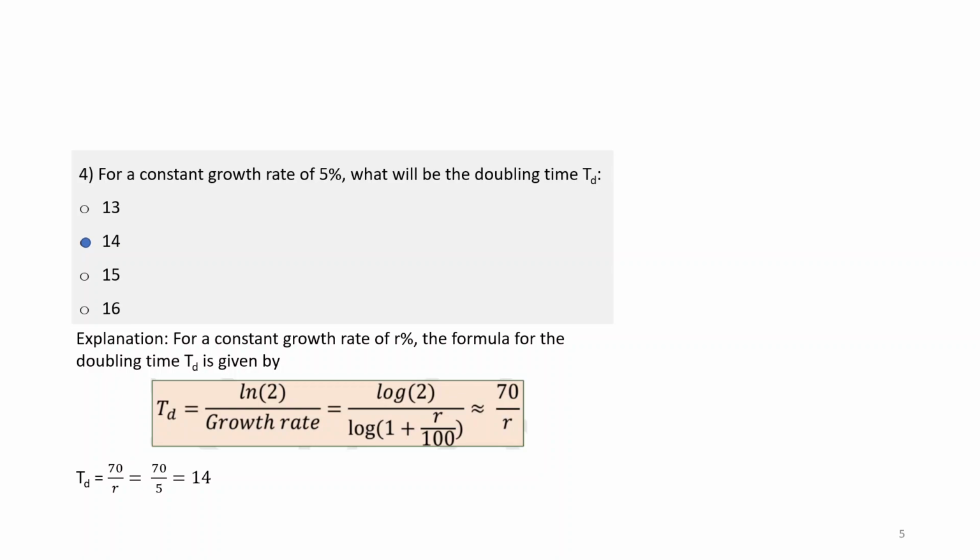In terms of log, it will be log 2 divided by log(1 + R/100), which can be approximated as 70/R. R is given here as 5%, so 70/5 will be 14. So this will be the time.